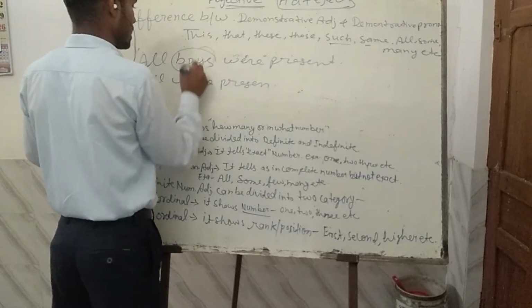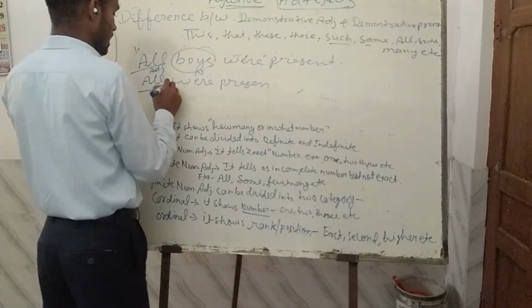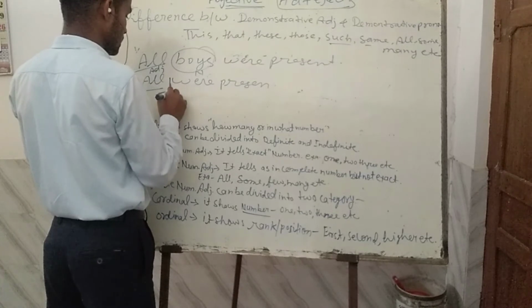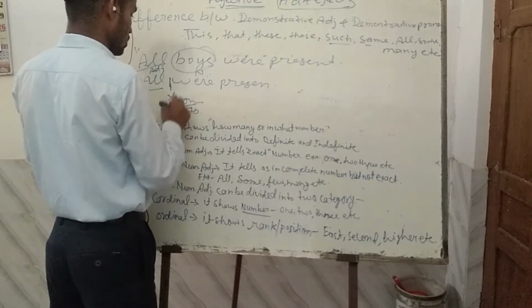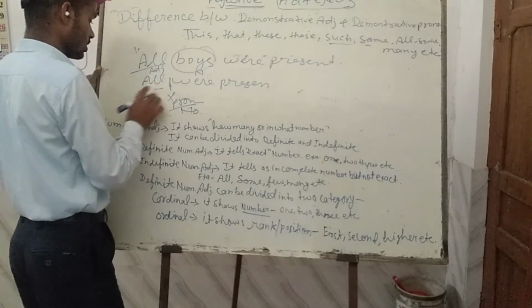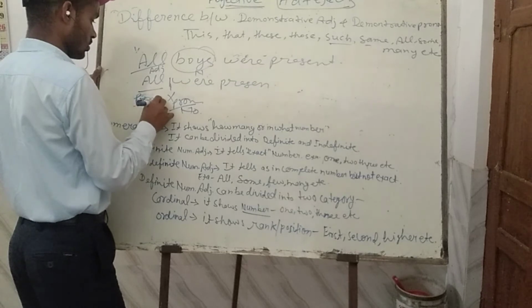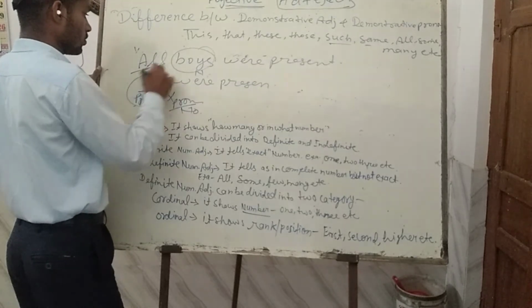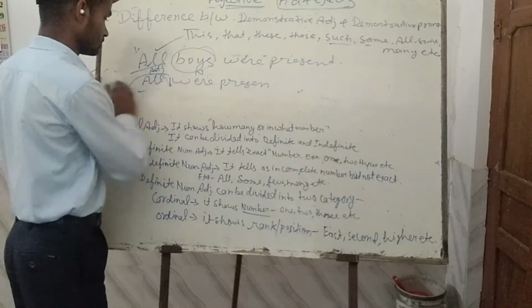Here boys is noun, all is adjective. But here all has not been used just before a noun or pronoun. So it is working at the place of pronoun. So here all is pronoun, but there all is adjective. In this way, all will be used.